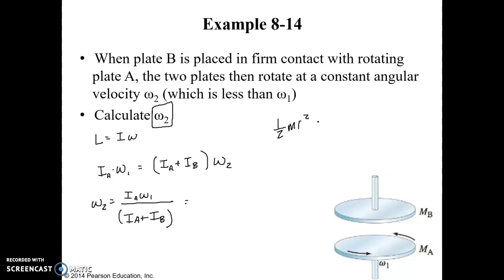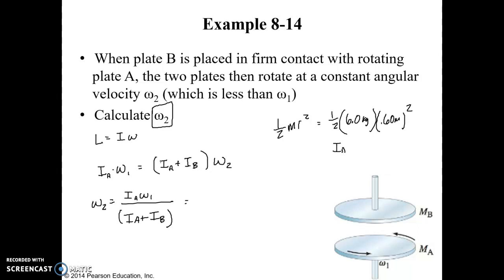And I don't know that we ever calculated this. We had it included in another formula. So if we just look at the moment of inertia for plate A, that is 1/2 times 6.0 kilograms times its radius of 0.60 meters squared.